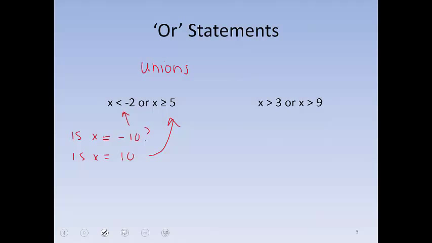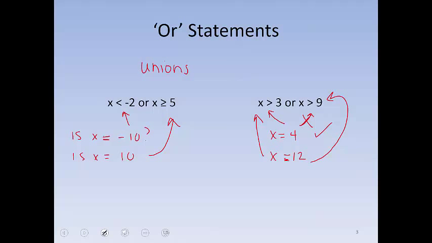Let's look at this other one here. X is greater than 3 or x is greater than 9. Well, if I choose x equals 4, is it a solution? The answer is yes, it is, because it satisfies this piece. But it actually also does not satisfy that piece. Take my words back. What if I say x is equal to 12? Well, yes, it actually satisfies both pieces.